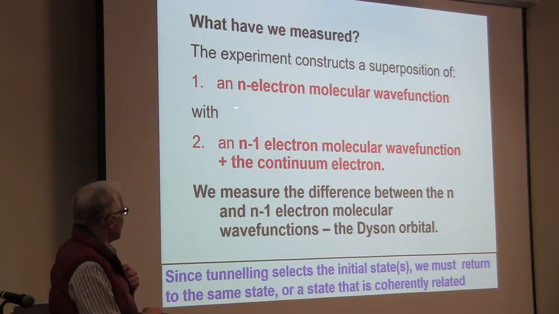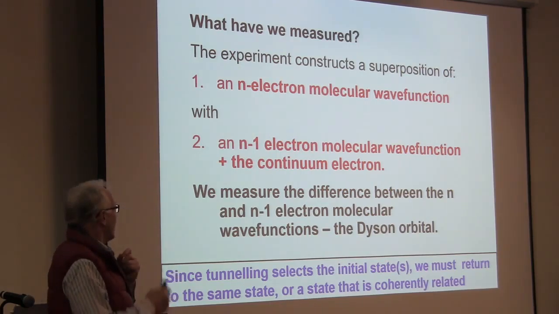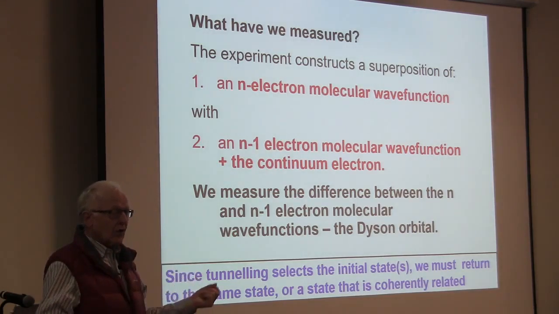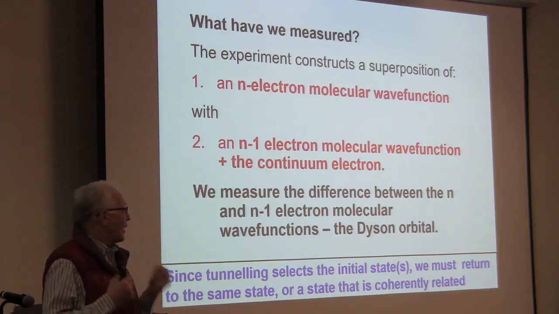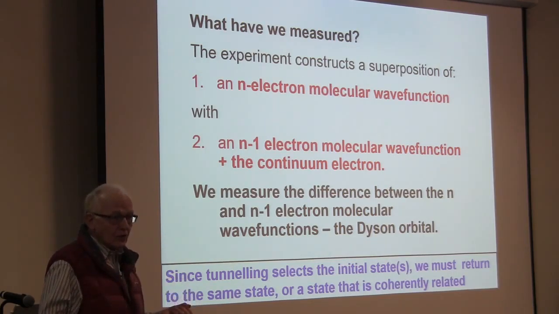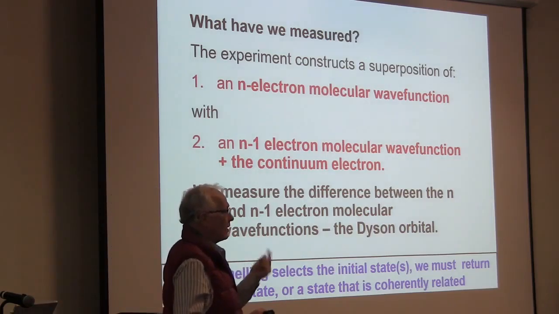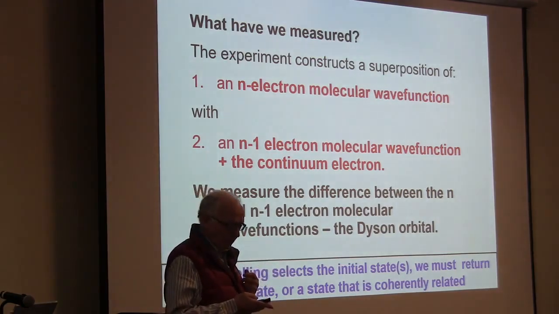And we have a molecule in which we have n-1 electrons in the ion and 1 electron in the continuum. And that's the superposition. And we see the difference between the n and the n-1 electron wave function. It's the Dyson orbital. We look at the Dyson orbital, the difference between the n and the n-1 wave function of the molecule.